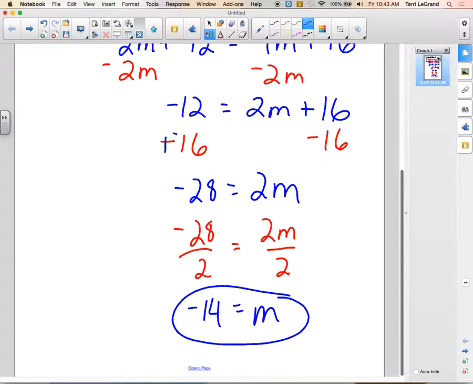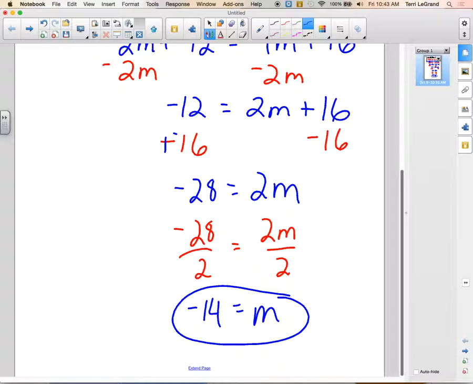You might have decided to move the other m's, but we should still all get the same answer. Did you get m equaled negative 14? Negative 14? Okay, that's what we should get, right?